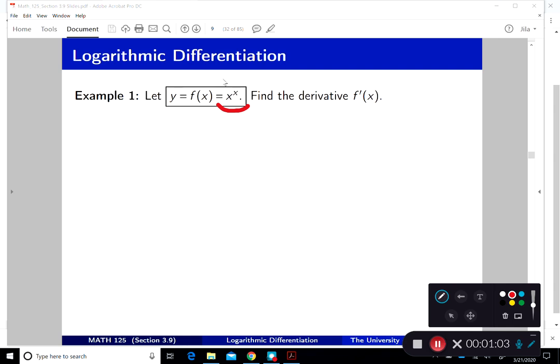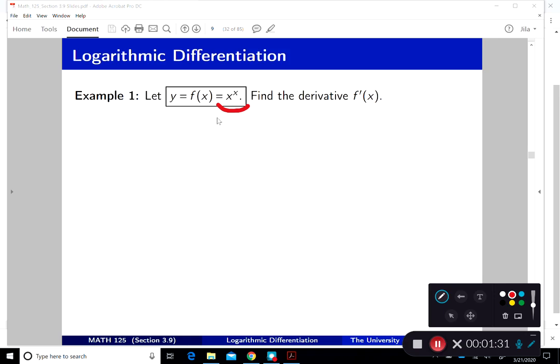Otherwise, if it was a variable to a constant number, you would have the power rule. If it was a number to a variable, then you would have the exponential rule to use. Here it is a variable to a variable power.